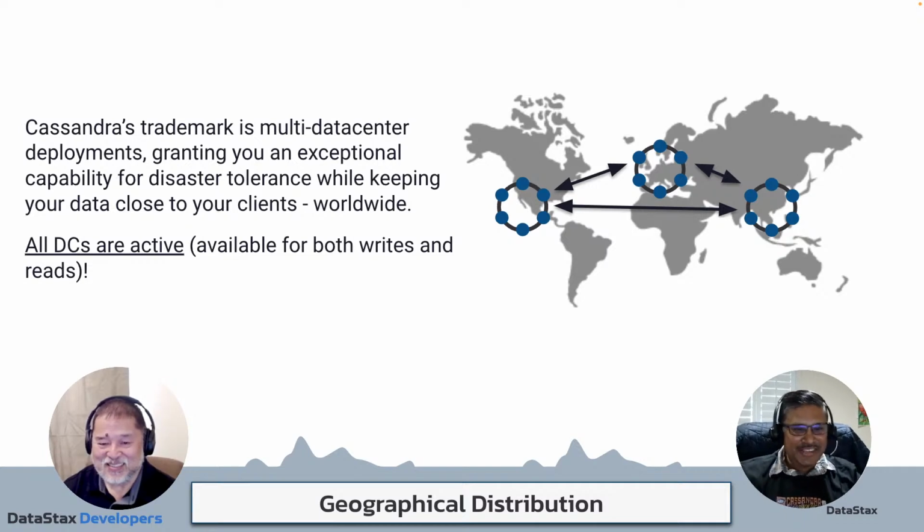So let's go on with the multi-data center in Cassandra. When Cassandra was initially released, it was built for a specific purpose: to solve the big data issue. We have a lot of data, we need to distribute the data and access it quickly, the response time I was talking about.